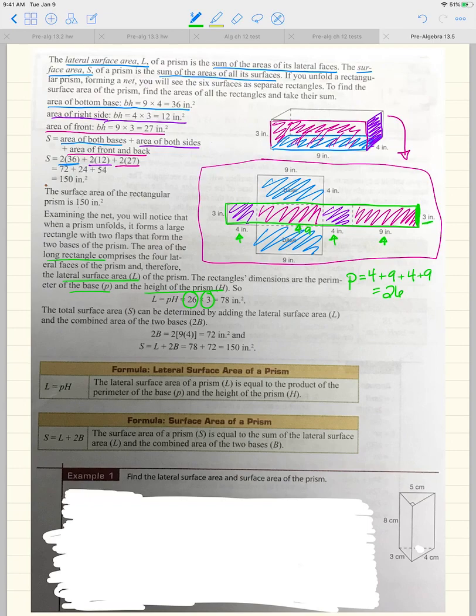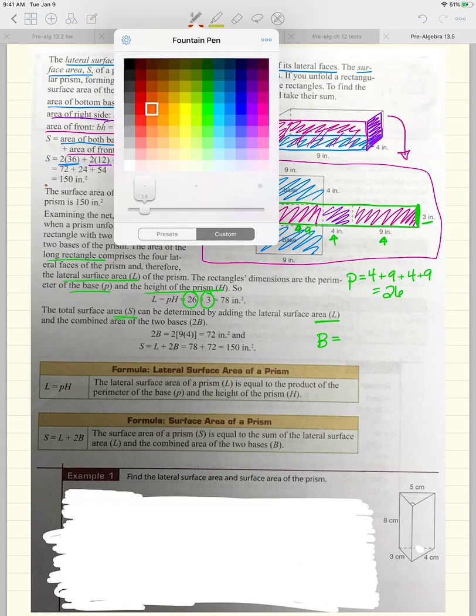The total surface area, capital S, can be determined by adding the lateral surface area, capital L, and the combined area of the 2 bases, 2 times big B, where big B is the area of the base. Where are the bases?